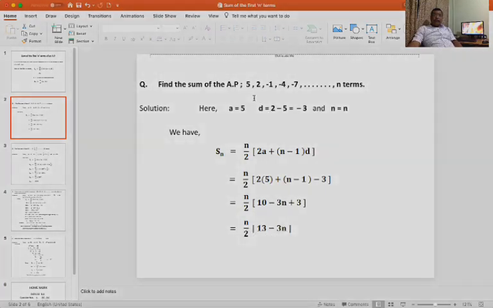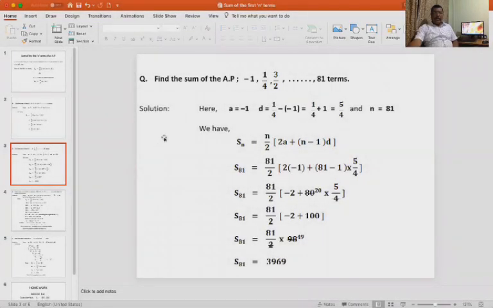Now let us look at this question which says find the sum of the AP minus 1, 1 by 4, 3 by 2, and so on to 81 terms. Here your first term a is minus 1, your d is the second term minus the first term, that is 1 by 4 minus 1.